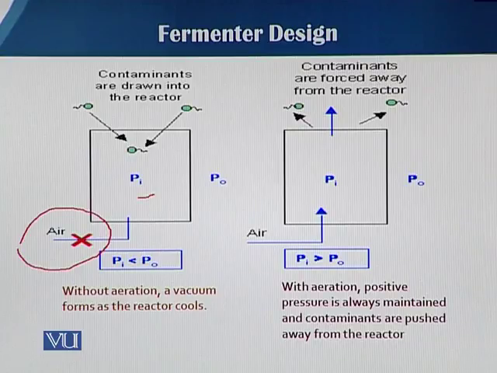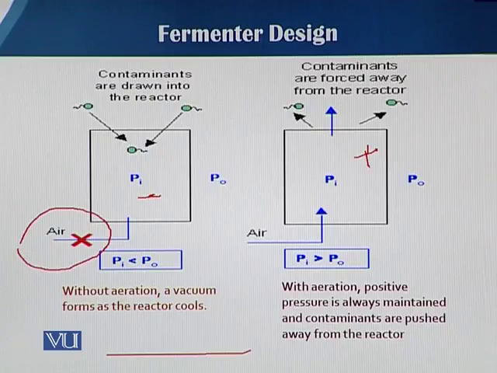Then there is a negative pressure inside, and the contaminants can be sucked in. In the other case, when the pressure inside is more than the pressure outside, then that keeps those contaminants away from the fermentation vessel. So by this diagram you can easily understand the role of positive pressure inside the fermentation vessel.